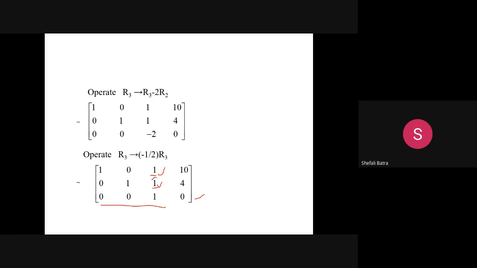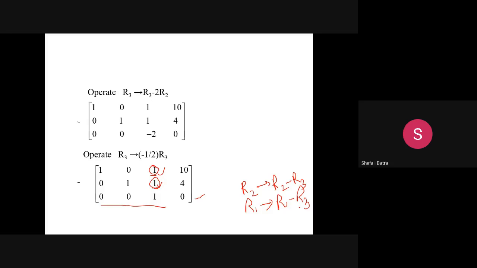Now concentrate to make this entry 0 as well as this entry 0. So for making this 0 and this 0, we will be using R3. So I'm writing here R2 implies R2 minus R3 and R1 implies R1 minus R3.